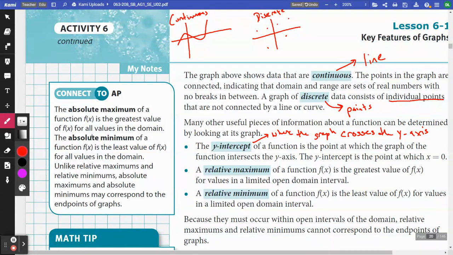We have two different types of minimums and maximums. We have absolute and we have relative. Absolute maximum is the highest, which means absolute minimum would be the lowest.